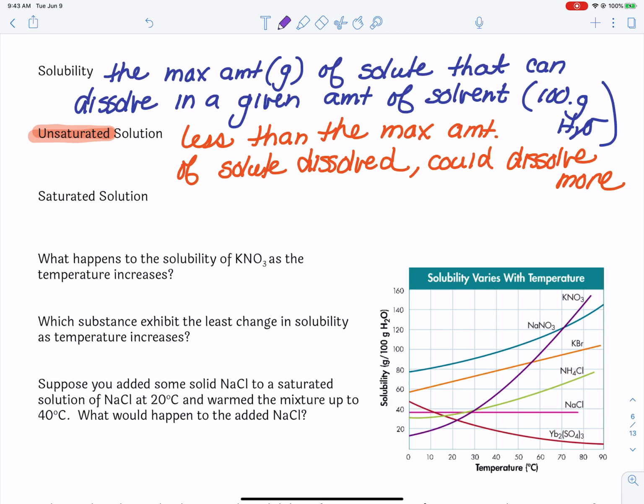It could dissolve more. So then a saturated solution, right? So saturated, think of like a paper towel. When a paper towel is saturated, right? It means that's the maximum that it can hold. And a saturated solution is a solution with the maximum amount of solute dissolved.